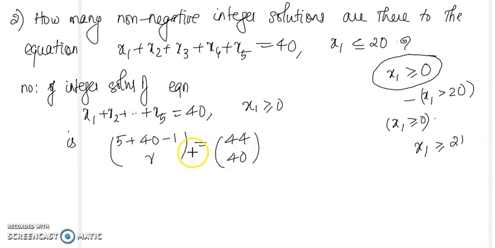So this is the number of integer solutions when you have x1 greater than or equal to 0.